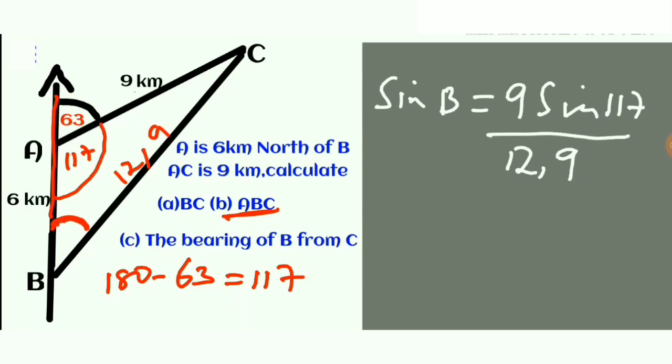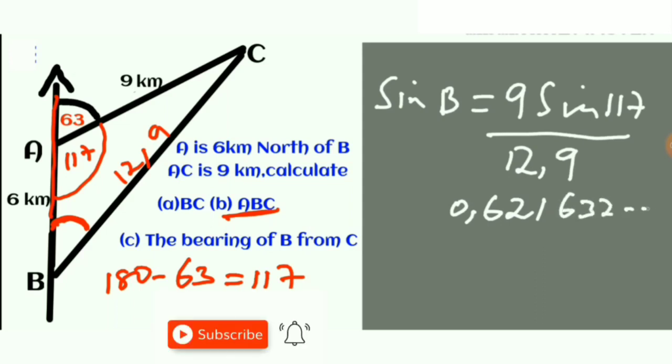So sine B equals 9 sine 117 over 12.9. You get 0.621632, etc. So you have to press the second function keypad, then sine, then equals.